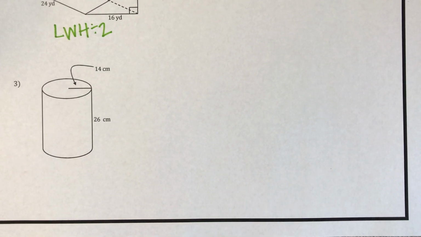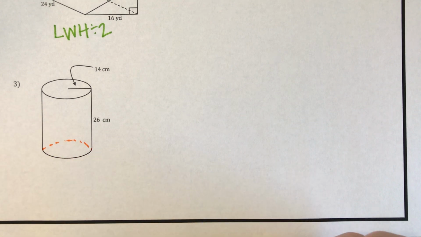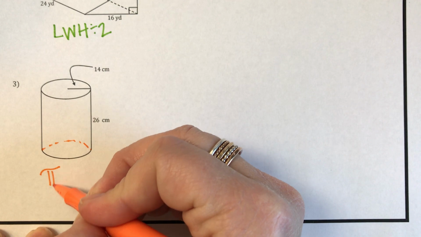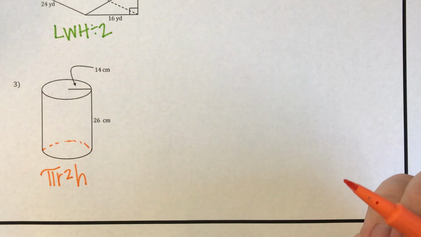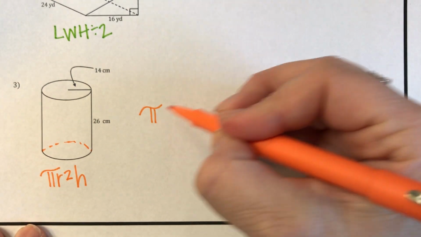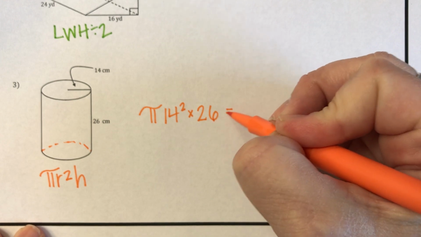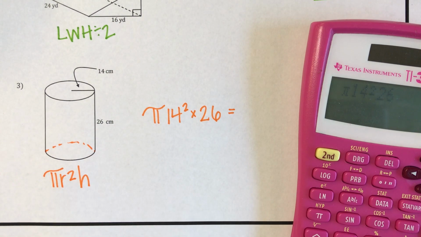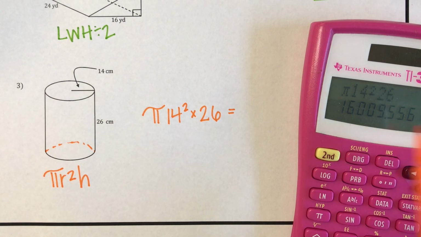And then how do we find the area of a circle, right? Because a cylinder has a circular base. So how do we find the area of that base? Pi r squared, and then we're going to multiply it by how tall our cylinder is. So pi 14 squared times 26 is 16,009.5.